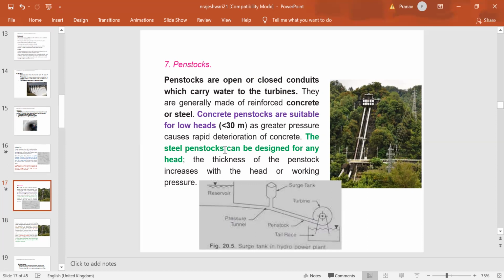The steel penstocks can be designed for any head. The thickness of the penstock increases with the head or working pressure. Generally, reinforced concrete or steel penstocks are made for high heads.